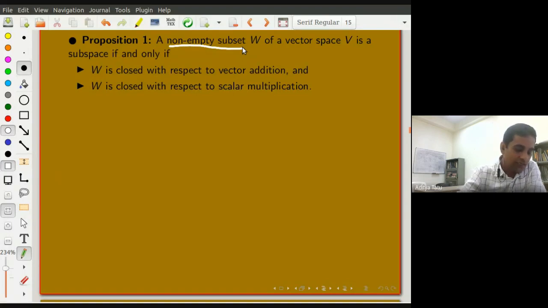These are the only two vector space axioms that you really need to check. Try to digest this.